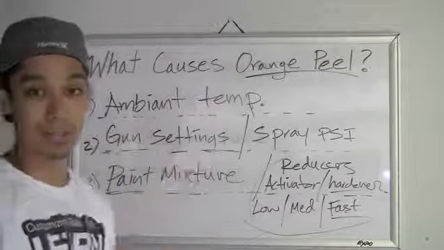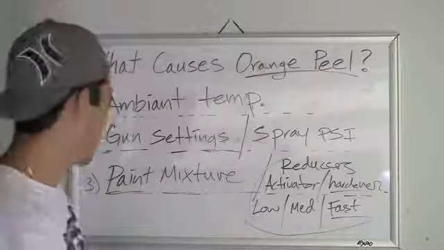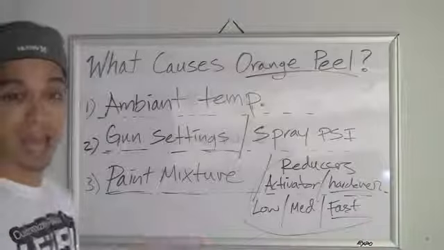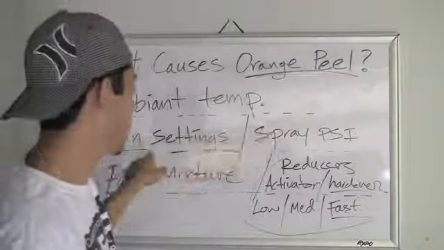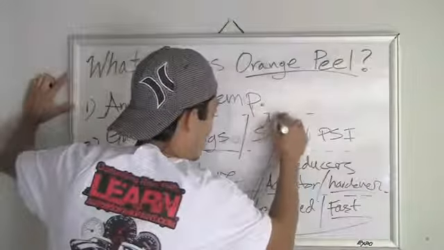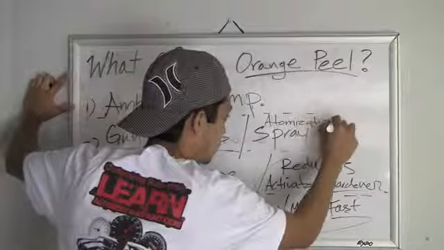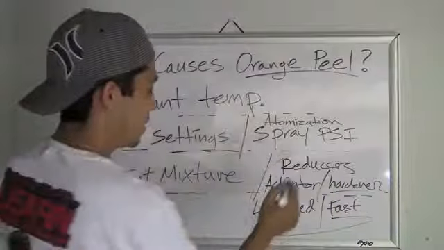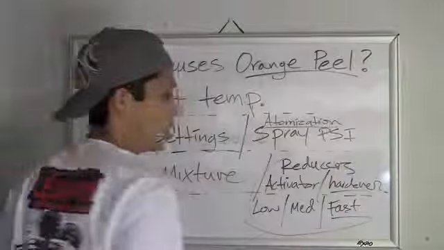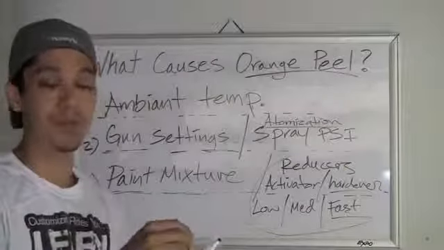And then your gun settings and spray PSI. One more thing I forgot, maybe I'll add it down here, is atomization. It's actually part of gun settings. Let me write it down here. I hope you can see that. Atomization is how your clear coat comes out in fine particles.